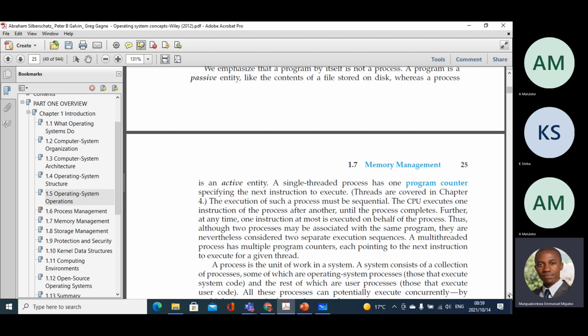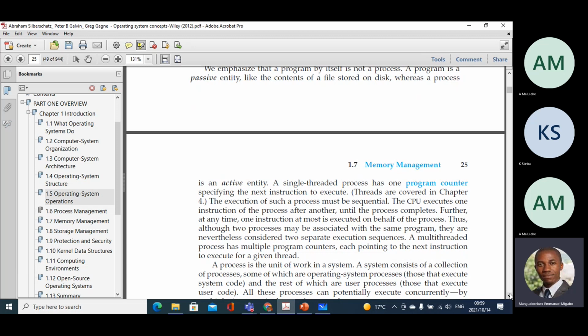So the execution of a process is normally sequential. A process is actually a single threaded operation, to put it in general.